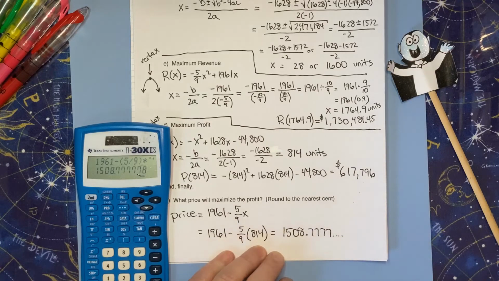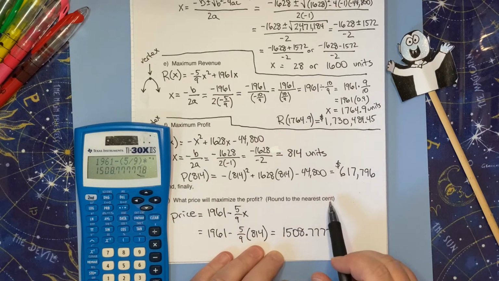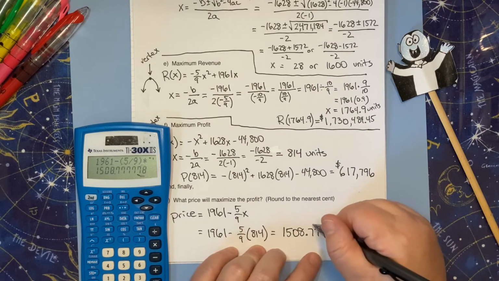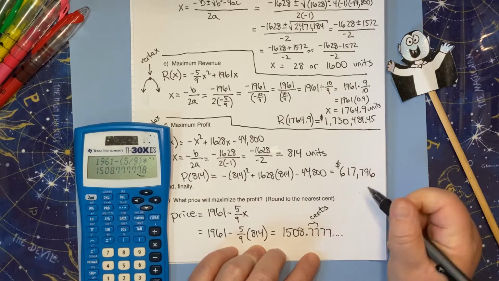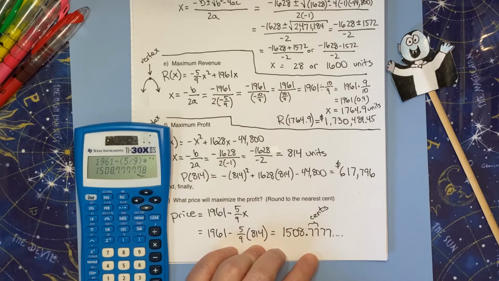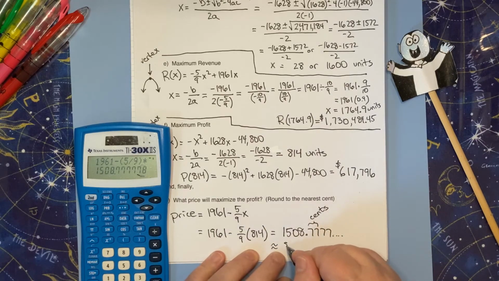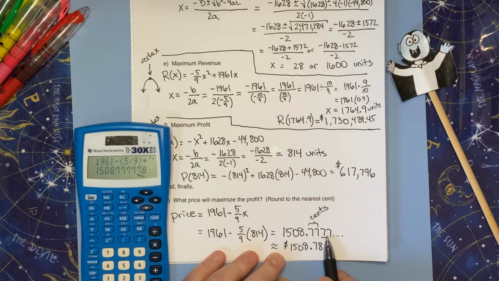It's a repeating decimal. And we're supposed to round to the nearest cent. So American dollars are counted to 2 decimal places. So I'm going to round to 1508.78, right? Because the very next number is 7. That's greater than or equal to 5, which means I round up.